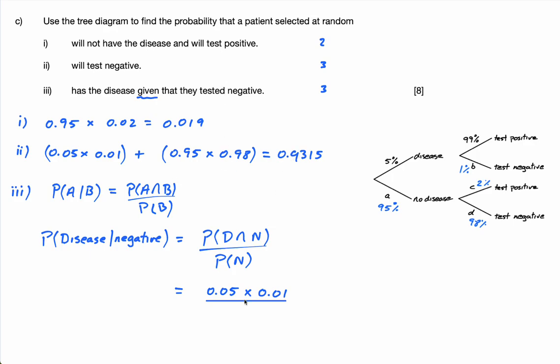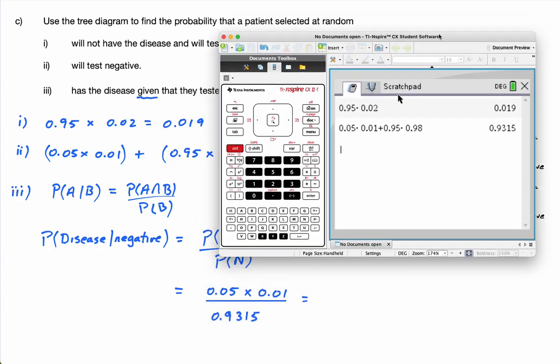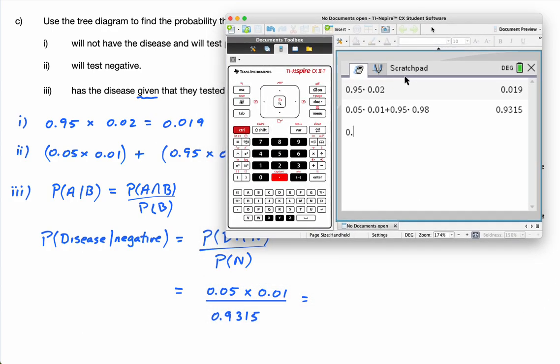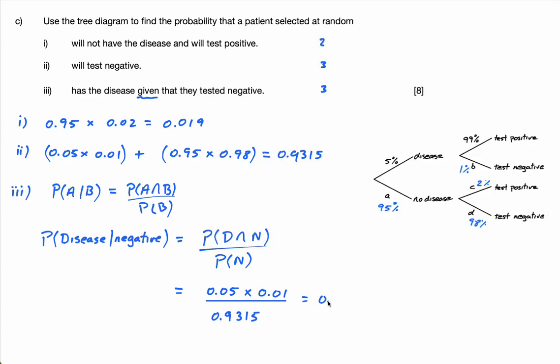It's this, it's 0.9315. So this whole thing equals 0.05 times 0.01 divided by 0.9315.